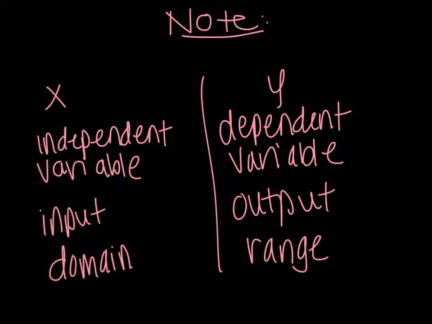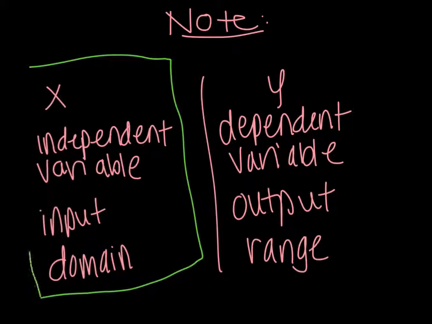Just so you guys know, there's a couple words that we use in this unit that are synonymous. The words x, independent variable, input, and domain are always talking about the same thing. So independent variable is the same thing as the x value, and the input is the same thing as the independent variable.